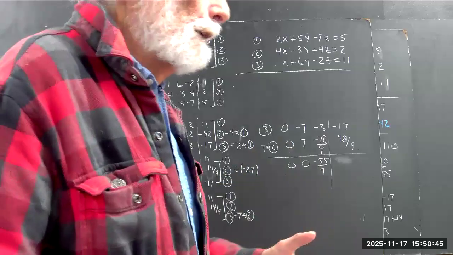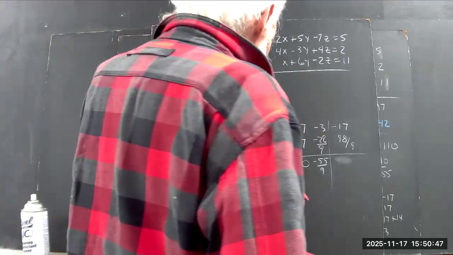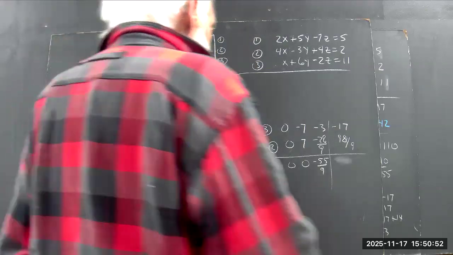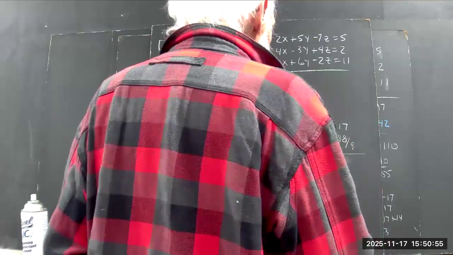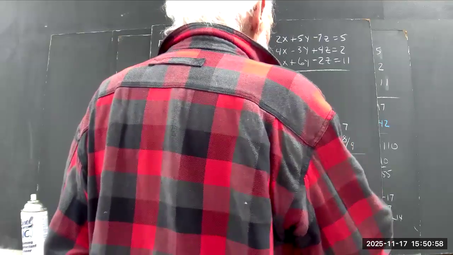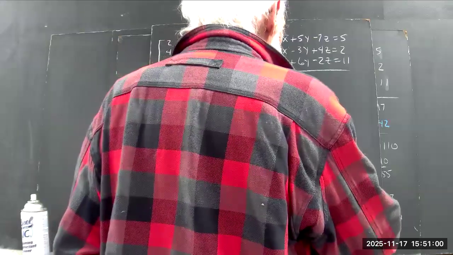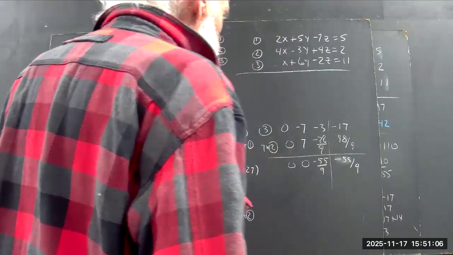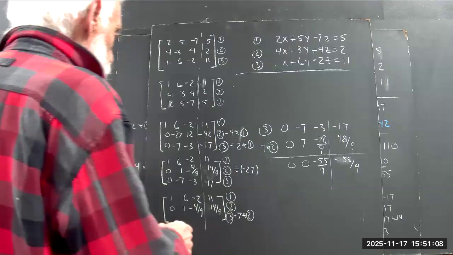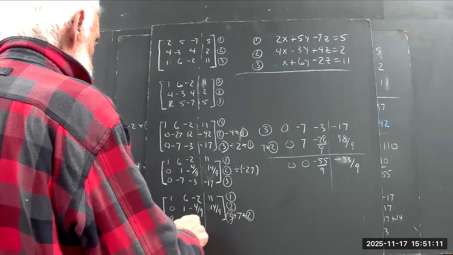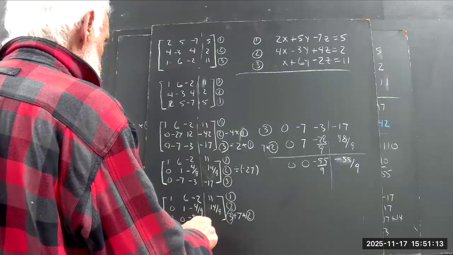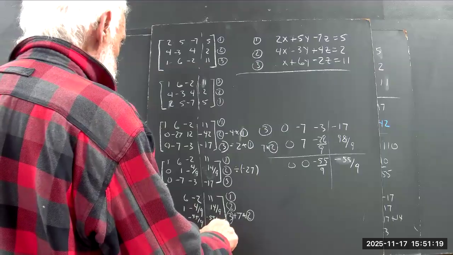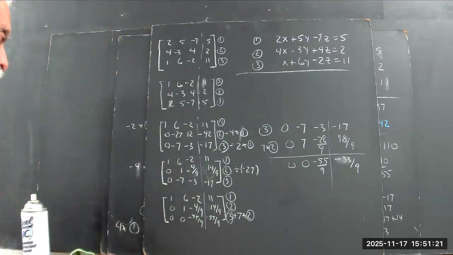Okay, so now -17 is going to be negative 153 and 98 over 9, which is negative 55 over 9. So what I've got here then is 0, 0, negative 55 over 9, and negative 55 over 9.